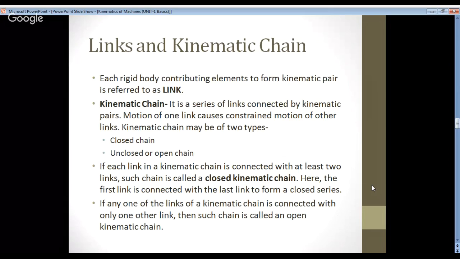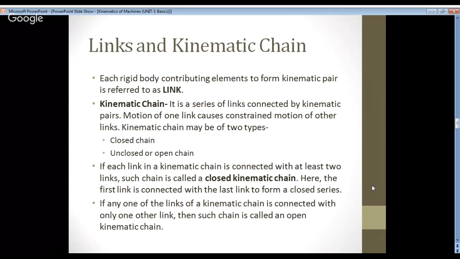Now, link and kinematic chain. We have already defined link, and now let's talk about kinematic chain. Chain, as the name implies, is a combination of links or parts where one part is connected to another and the last part is connected to the first one. Then that forms a closed chain, right?